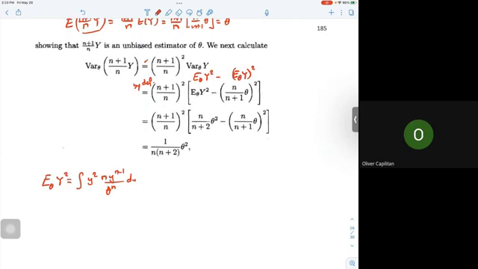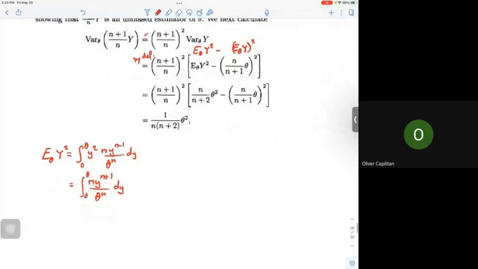So this is equal to the integral of n y to the n plus 1 divided by theta to the n dy.